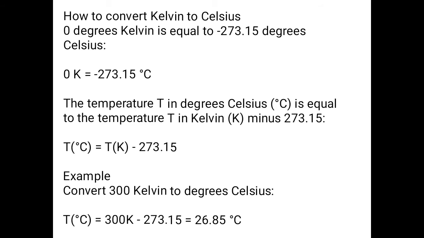The temperature T in degrees Celsius is equal to the temperature T in Kelvin minus 273.15. Example, convert 300 Kelvin to degrees Celsius. T in degrees Celsius is equal to 300 K minus 273.15, which is equal to 26.85 degrees Celsius.